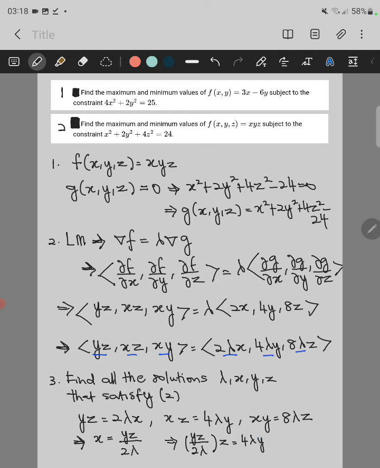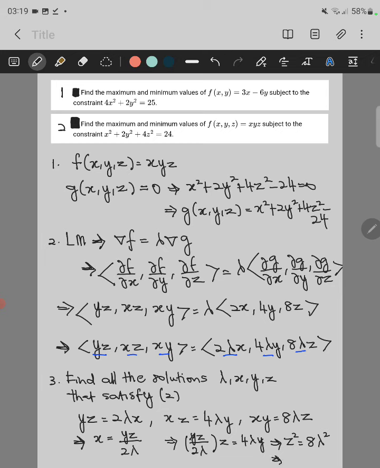From here I have yz over 2 lambda times z equals 4 lambda y, so I can cancel y. Then I have z squared equals 8 lambda squared.